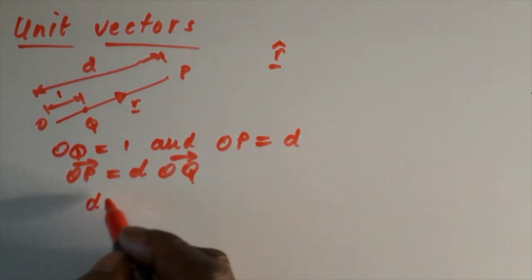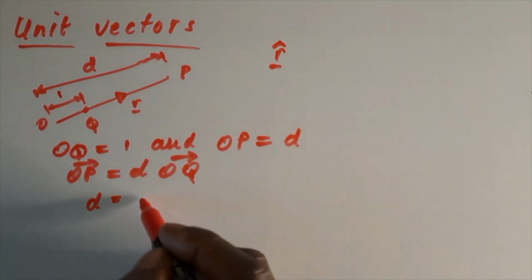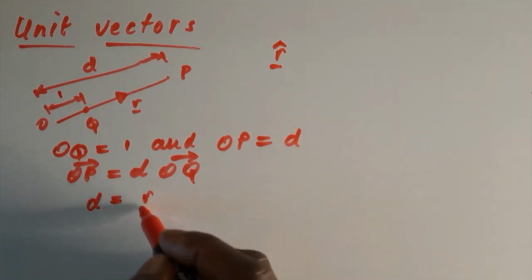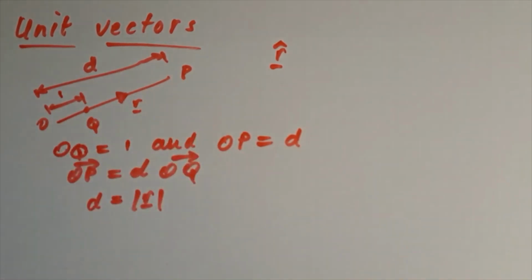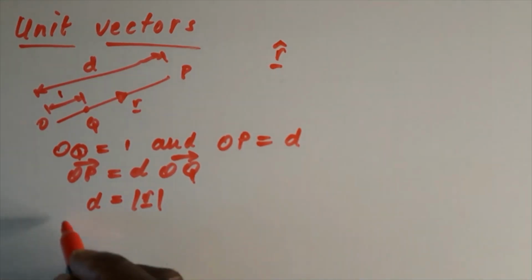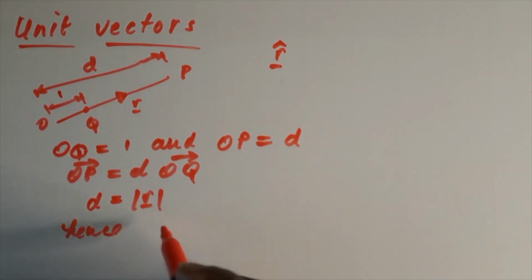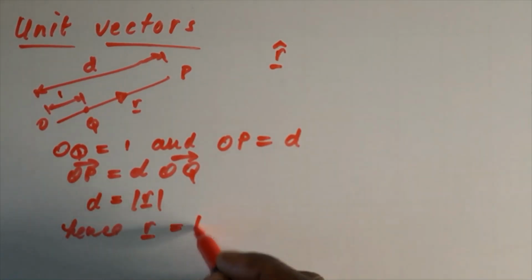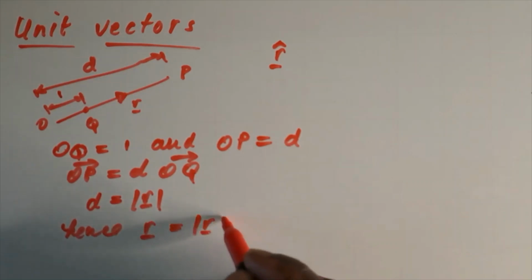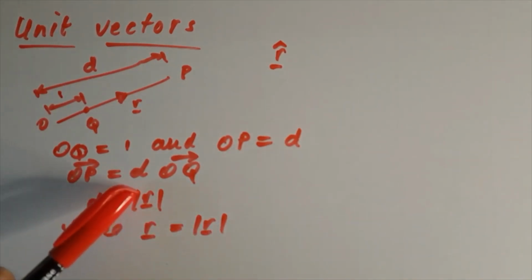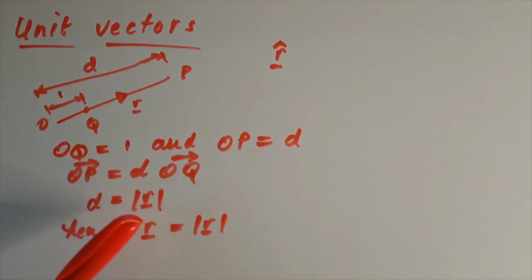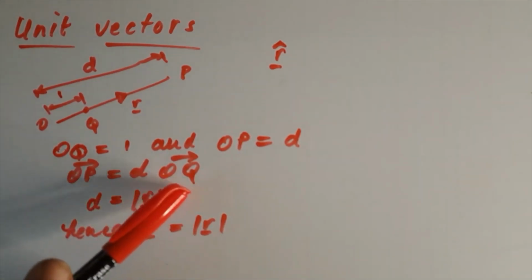But we know that D is equal to the magnitude of R. So if we find the magnitude of R, we find the length OP, which is equivalent to D. Hence we can write that the vector R is equal to the magnitude of R, substituting in for D, times OQ.